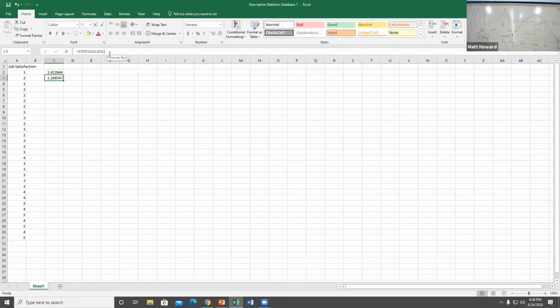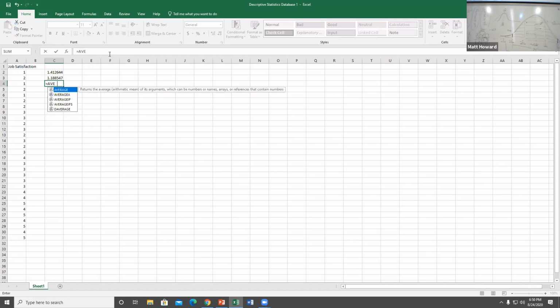Okay. And then also, since someone asked me to go over it, if we wanted to do the mean, in Excel the mean is actually the average command. So I would just do equal average, open parenthesis, click and drag, close parenthesis. Whereas this was VAR, this is the average.